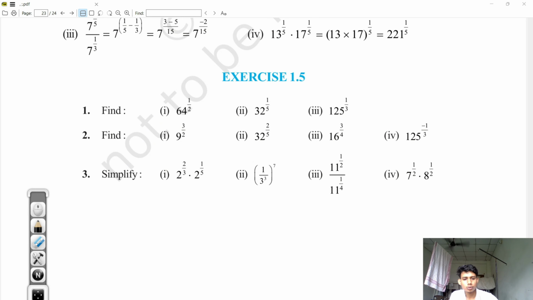Now here also we are going to use the same trick. This can be written as 2 to the power 2/3 plus 1/5.